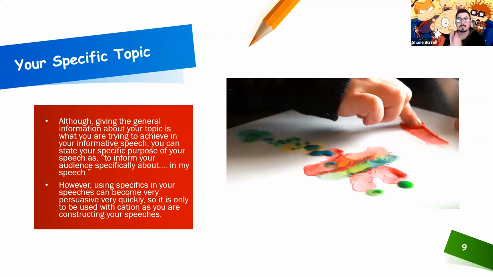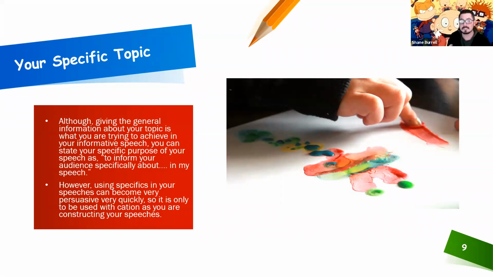That is persuading, and it's going to tell us in greater detail how you're going to persuade us to actually want to invest in dark matter. But informatively, you would say, I'm going to inform you guys specifically about what dark matter is in my speech. That is the more specific for informative versus persuasive.